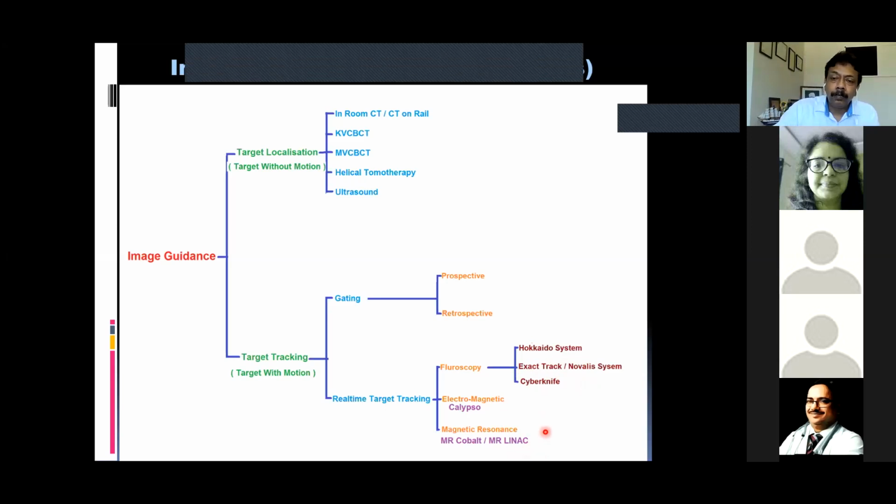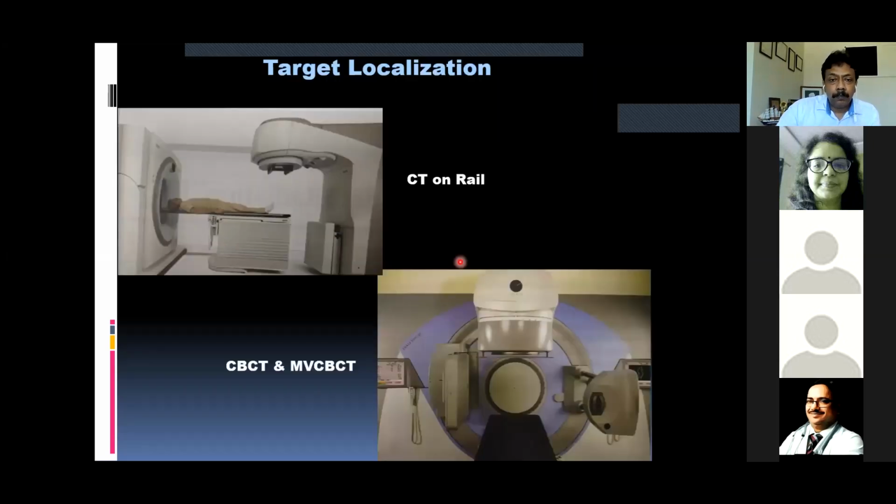In recent days, some MR Linacs are also coming up, and MR Cobalts are already there. They have image guidance by magnetic resonance imaging. This is the CT on rail, and this is the CBCT, kV-CBCT and MV-CBCT in a single machine.